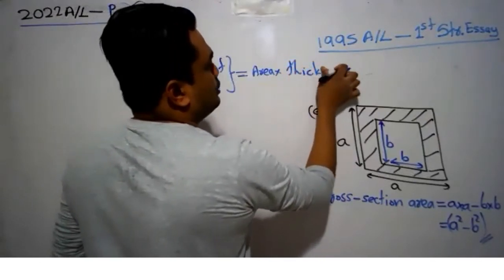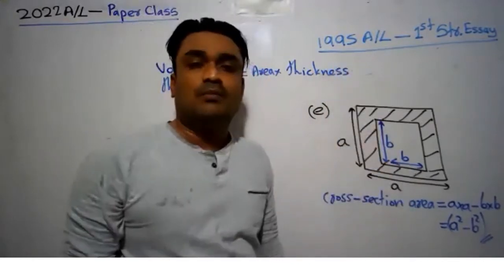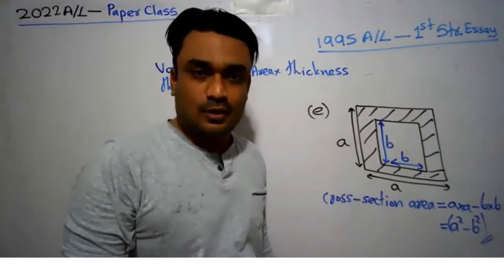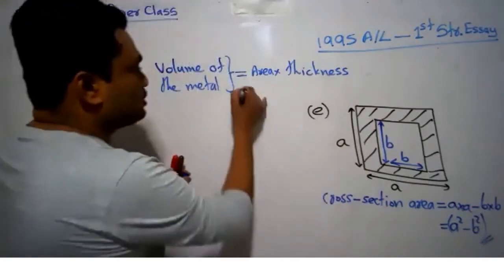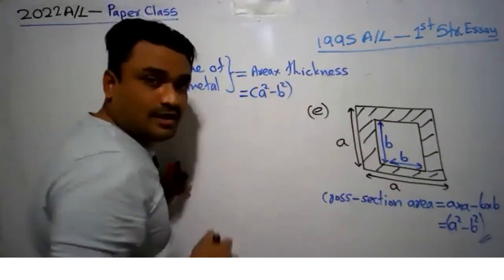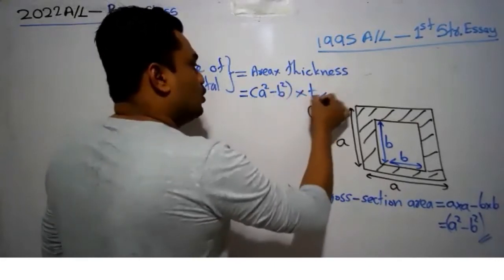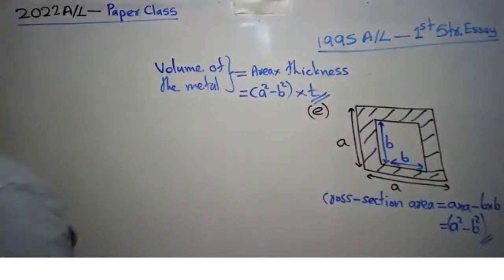Cross-section area into height, or cross-section area into thickness, same. Thickness, height, length, same, right? So the cross-section area is A squared minus B squared, into the thickness T. So this is the volume of the metal, or the material.